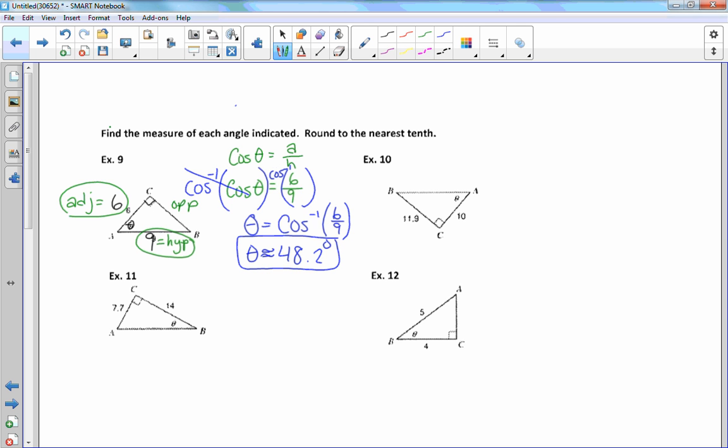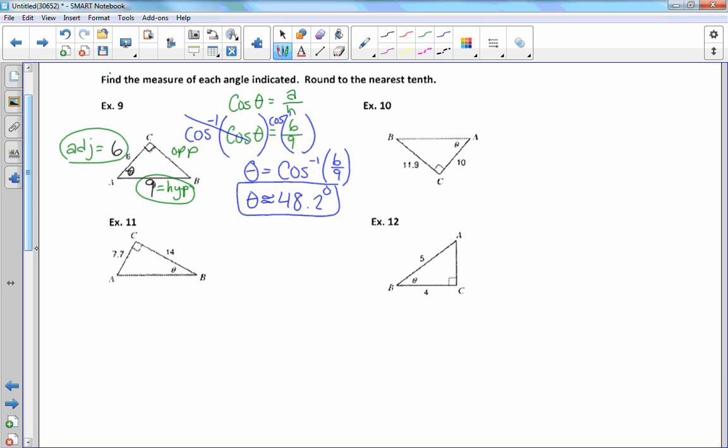Okay, let's pick one more of these. There are decimals here. So we have 7.7 right here, and a 14, and it was just theta.